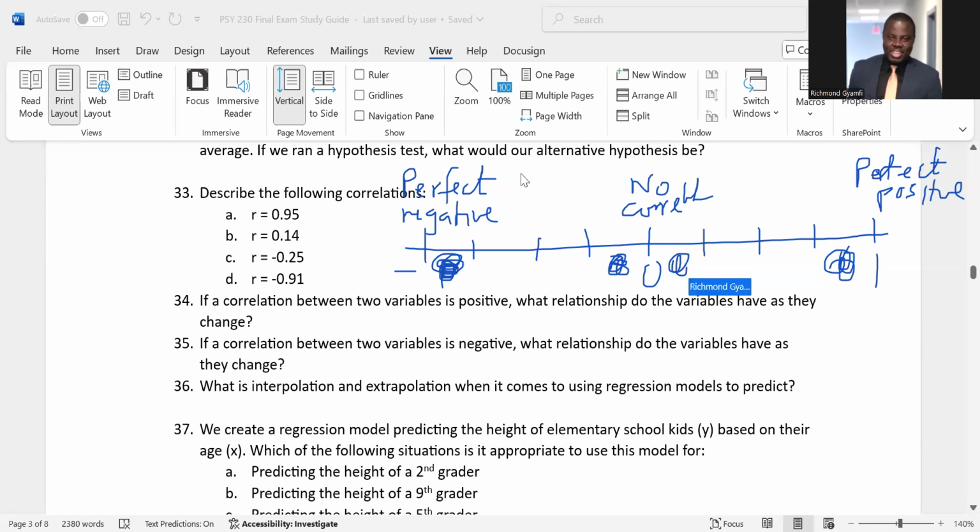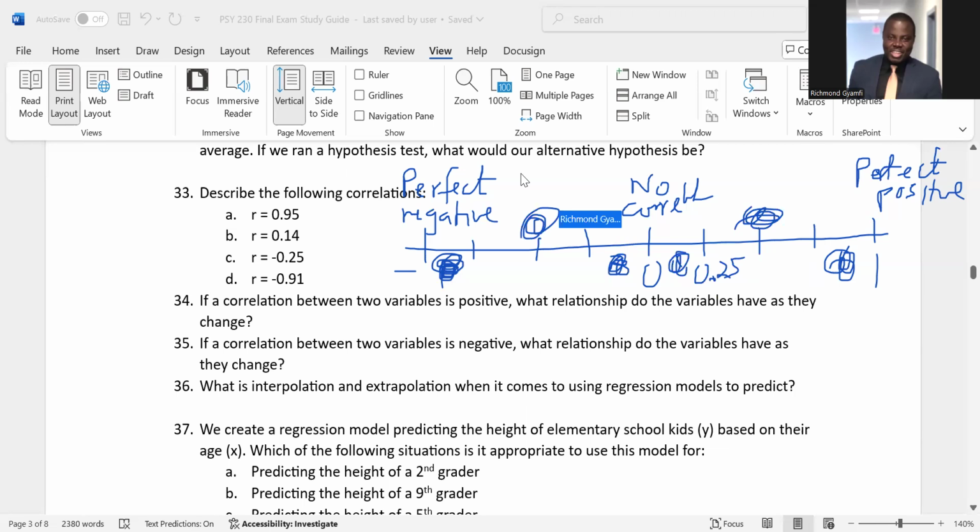Anything from 0 to +0.25, we're going to say it's weak, but it's a positive. So weak positive linear correlation. And then close to 0.5, we're going to say it's moderate because it's close to the middle. And for negative, it's going to be the same thing.